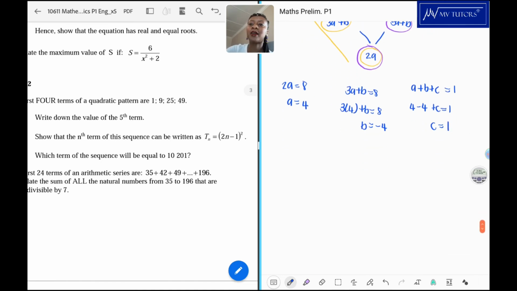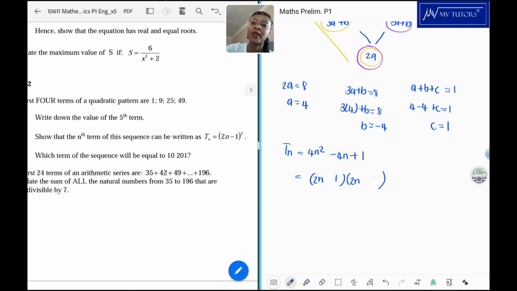So if I write down my general term formula, I have 4n squared minus 4n plus 1. And remember, guys, they gave us a form in which it should be. Okay, it should be 2n minus 1 squared. So then I need to factorize. Now I'm going to have 2n this side and 2n so that I can get 4n squared.